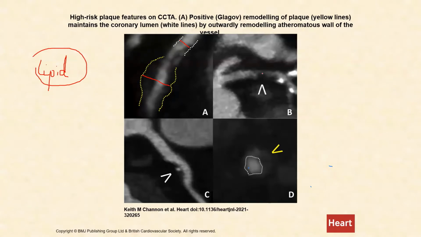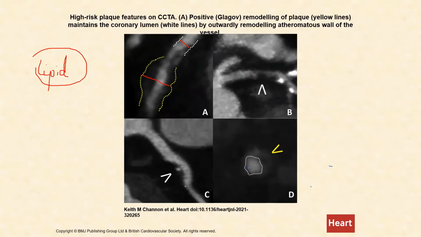So when the attenuation in the plaque is so low, less than 30 Hounsfield units, that indicates more fat, and that indicates more vulnerability. Now, as to calcium, small speckles of calcification like this add to the vulnerability of the plaque, but large sheets of calcium add to the stability of the plaque.